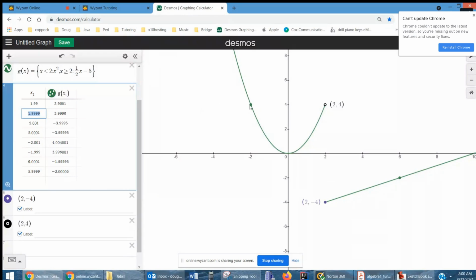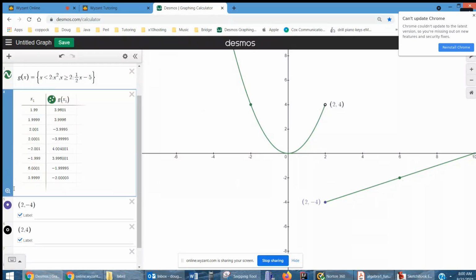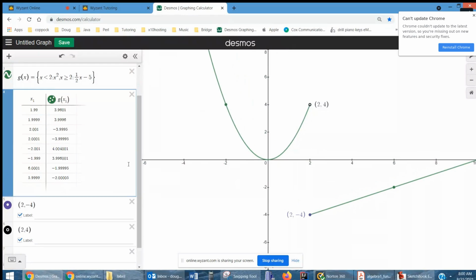And from both directions, the limit is the same. It looks like it's 4. Similarly for the 6, from the right of 6, we're approaching that number right there, which looks like -2. And from the left of 6, we're approaching -2. Go like that to bring these all into play.